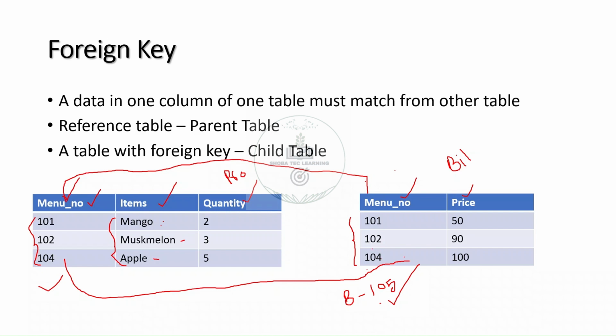And for this reason only we call it a parent-child relationship, P for parent and C for child. Here our parent table is the product table and our child table is the billing table.